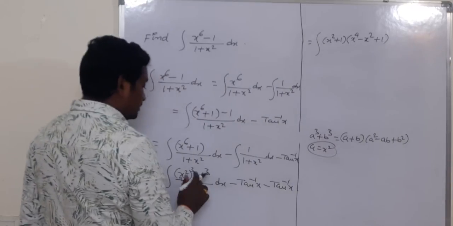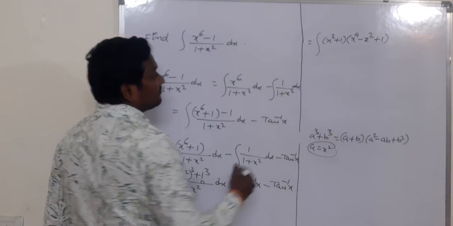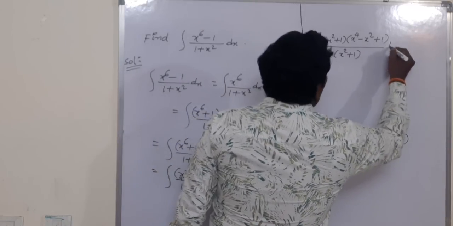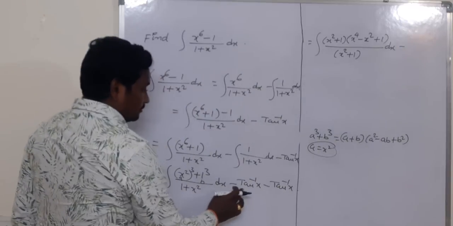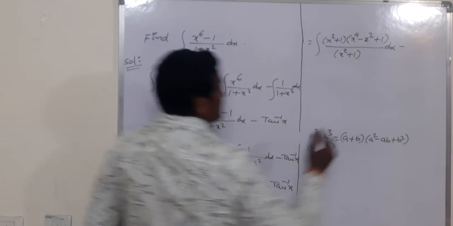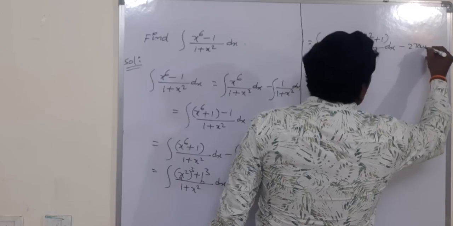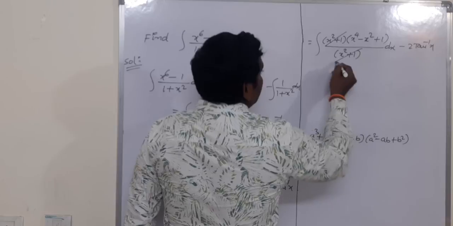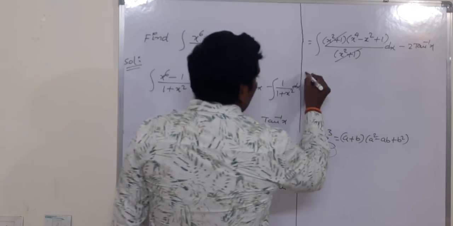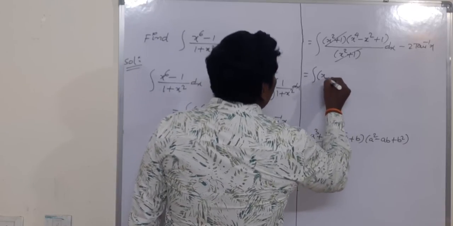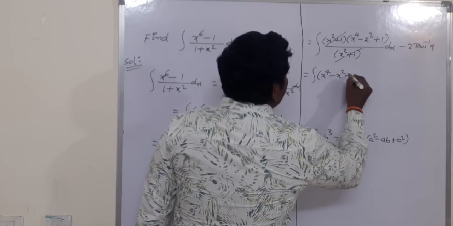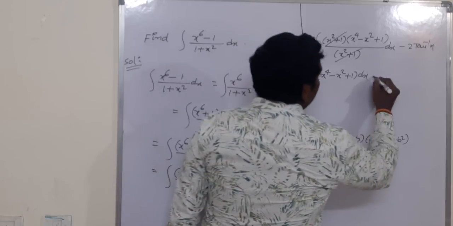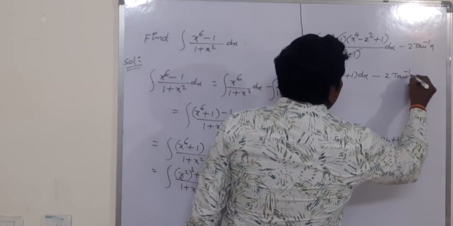B is nothing but 1, so 1 square is nothing but 1, by (x square plus 1) whole dx, minus tan inverse x minus tan inverse x. You can write this as 2 tan inverse x. Now we are observing that x square plus 1 gets cancelled. So what are the remaining terms? Integration of (x power 4 minus x square plus 1) whole dx minus 2 tan inverse x.